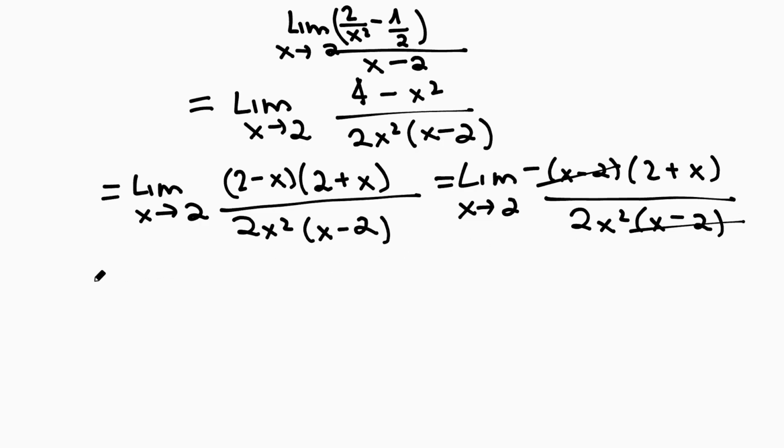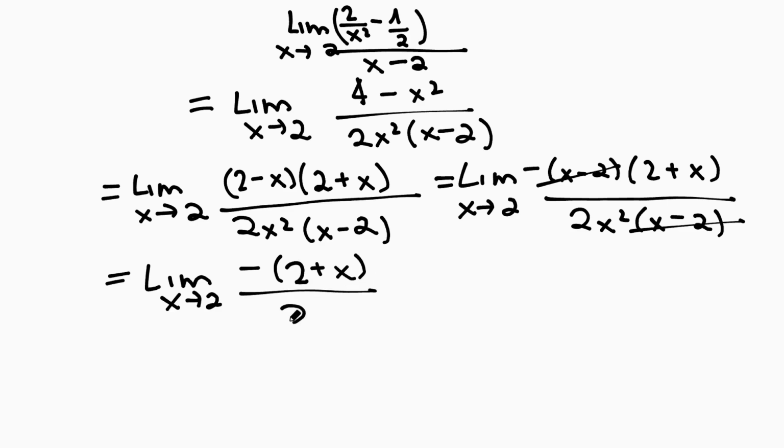These two will cancel each other out, and I'll have a very nice and clean function of negative 2 plus x over 2x squared. I plug 2 into the function, and I'll have negative 4 over 8, which is just negative 1 over 2.